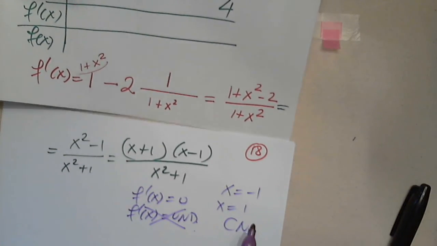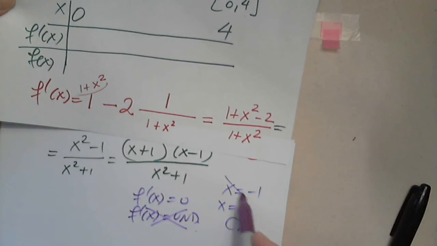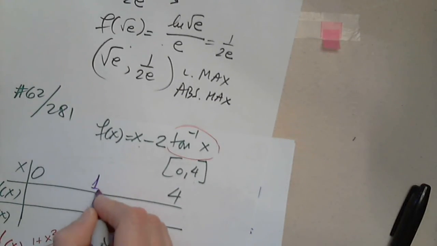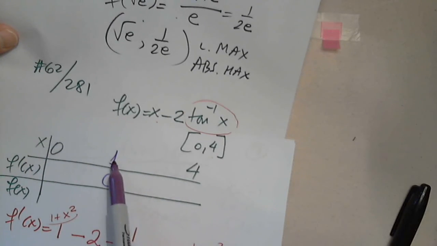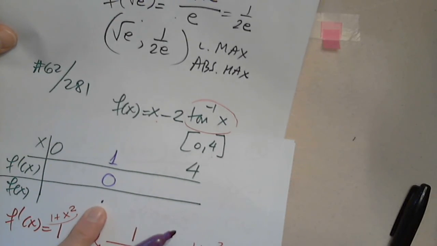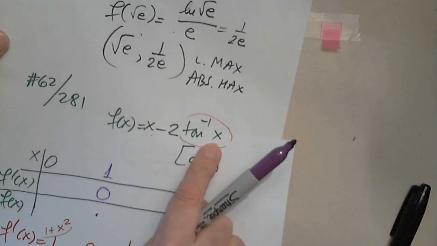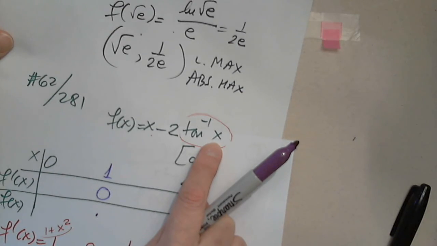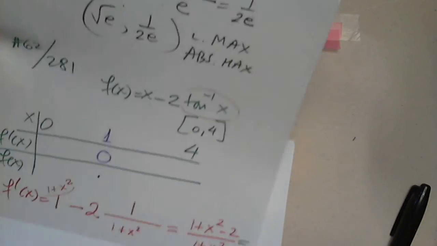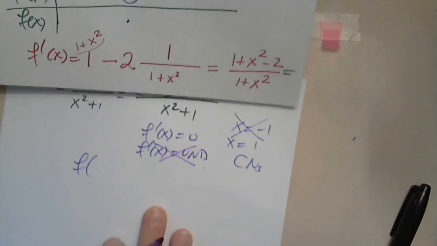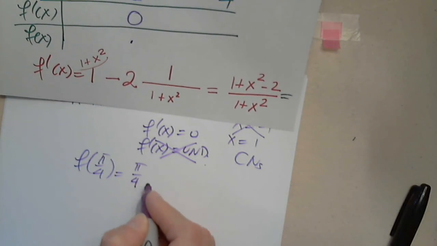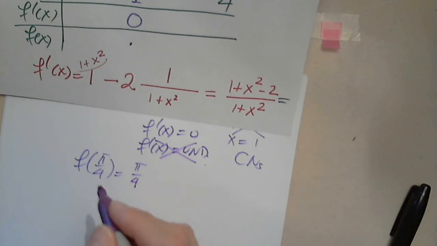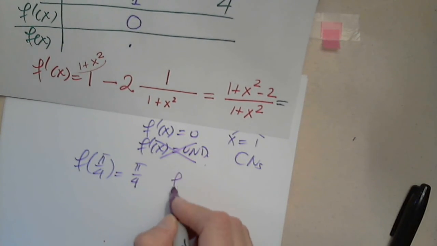And you can say, not so fast, your -1 is not in there. Okay, fine. And then I have to plug in 1 in the function to determine this value. Arctangent 1 is pi over 4, and this is 1. I'm sorry, I mean f of 1.